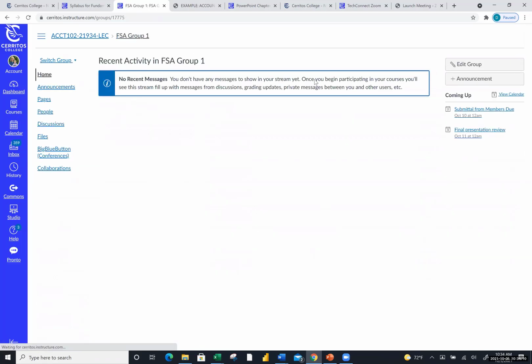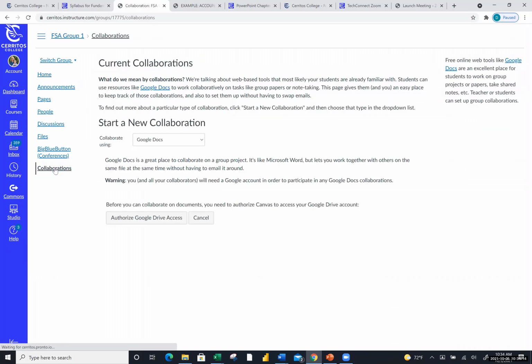Then you have this collaborations over here. It's through the collaborations. If you want to start a new collaboration through Google Docs, you have to authorize Google Drive access, and then it creates a little document that you guys can upload files back and forth, make edits, and so forth. Is this how you wanted us to do it, or is there another way of doing it?